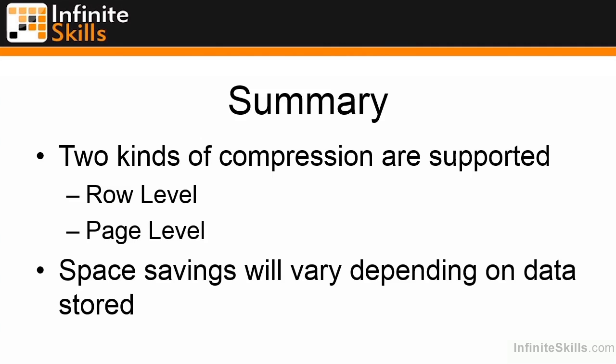So in summary, we've got two kinds of compression that are supported within SQL Server. We've got row level and we've got page level. We never want to try to use anything like NTFS compression on our databases, because that's not going to work. It's not going to save us anything. The space savings is always going to vary depending on the data that's being stored. As you're changing that data, you're actually going to be changing the amount of compression that you get as you're modifying those values.